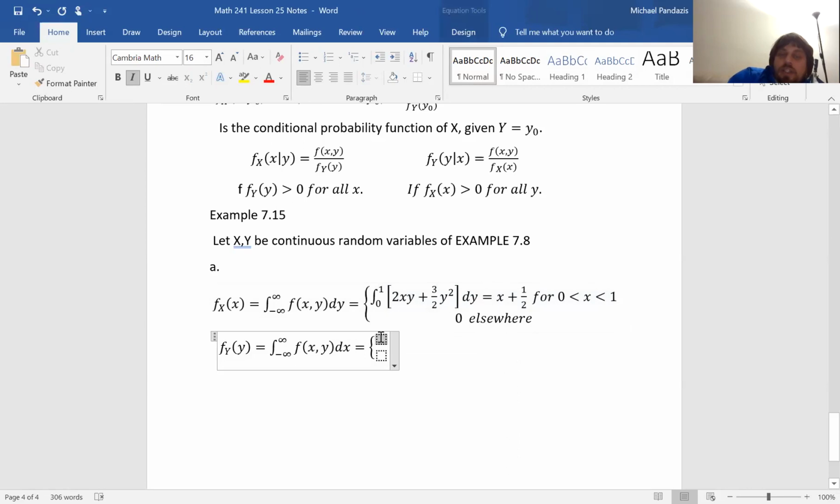Okay, that's good. This one is the definite integral. Is this the definite integral with respect to x?